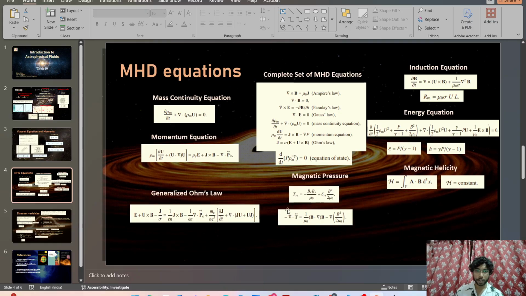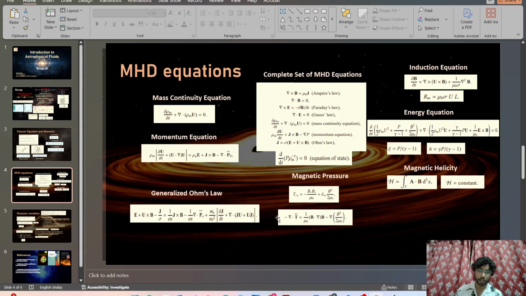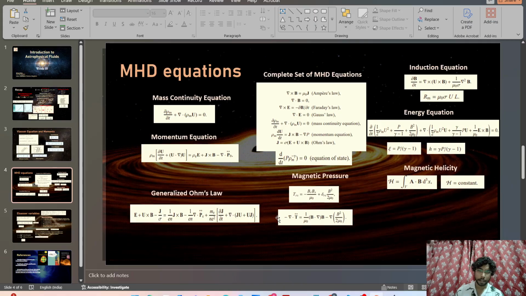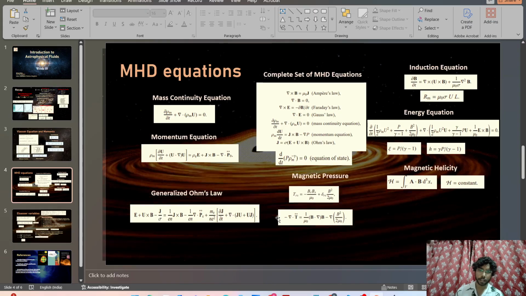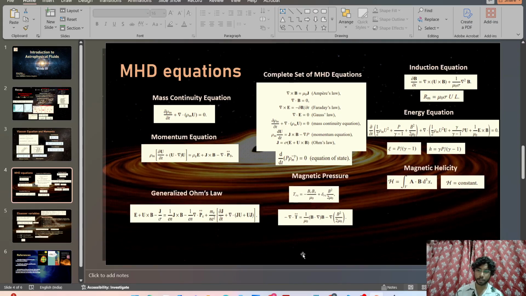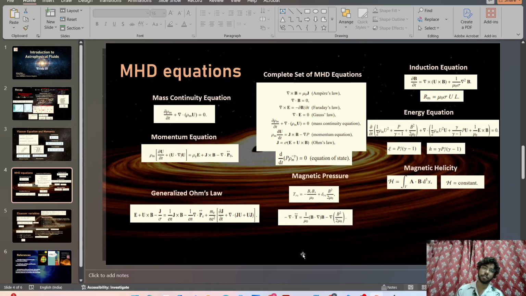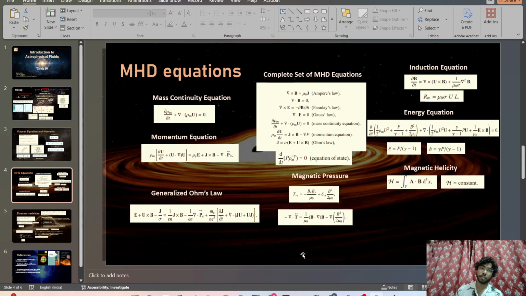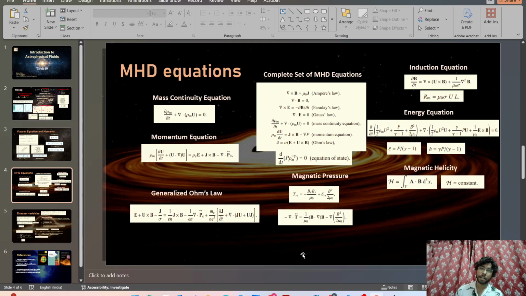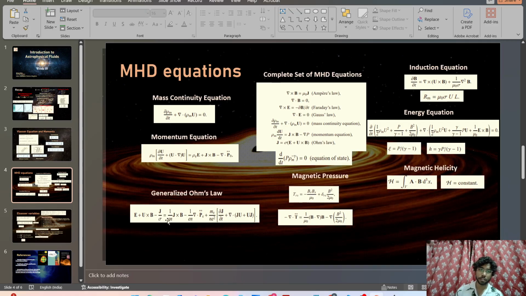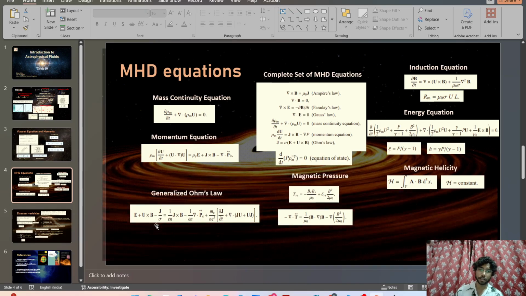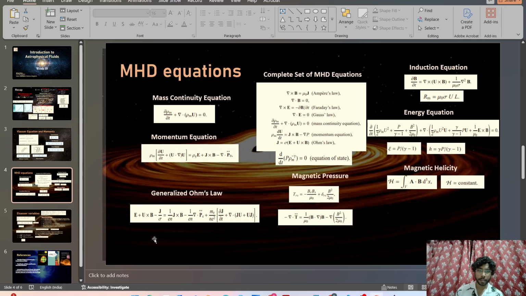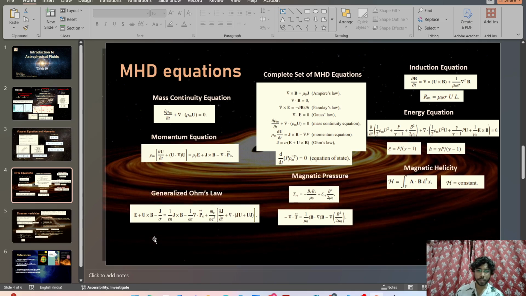So before we go into the energy equation, we just want to derive something called the generalized Ohm's law, right? Which was just touched upon in the lectures, but it wasn't derived completely.